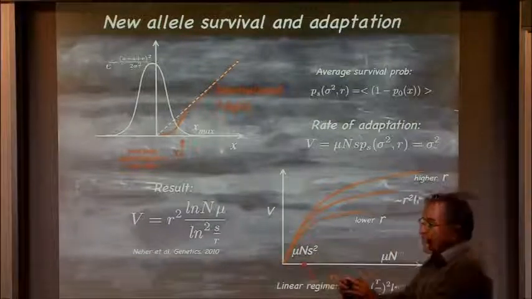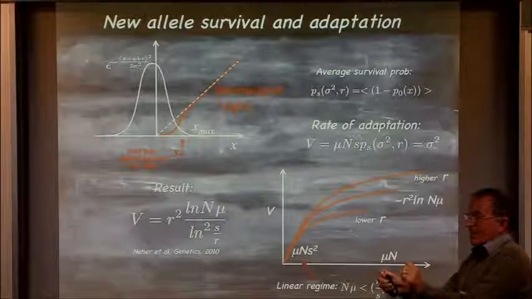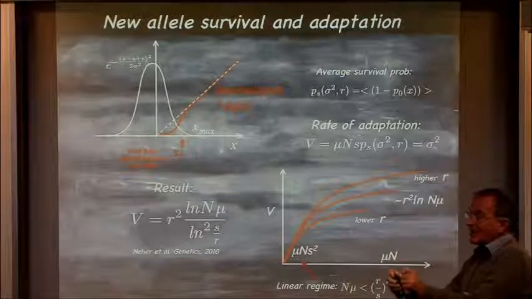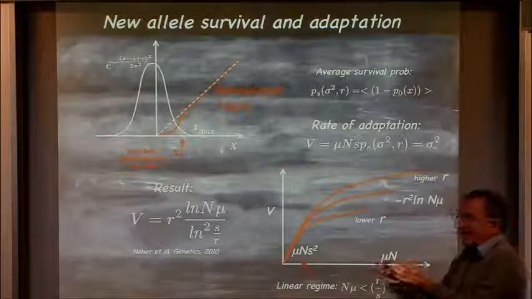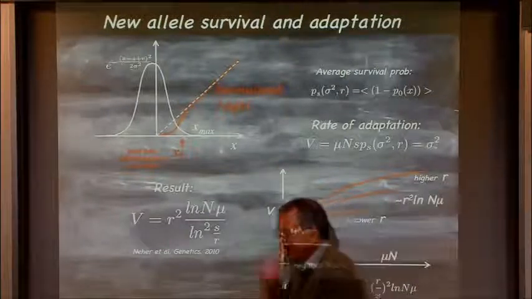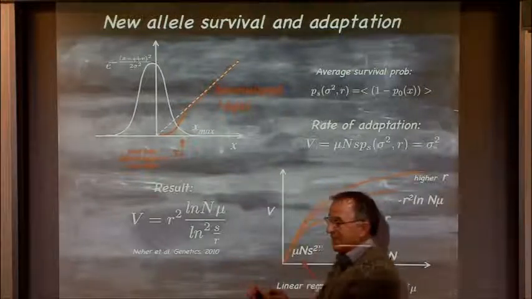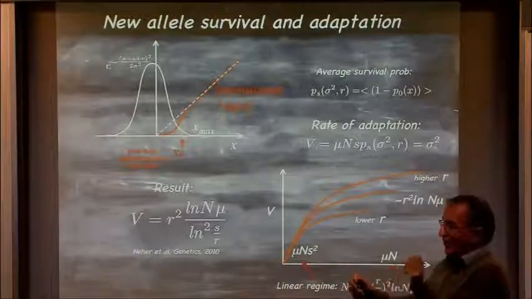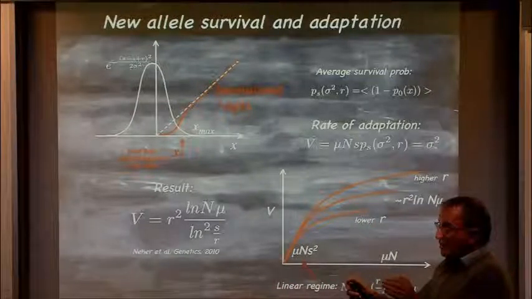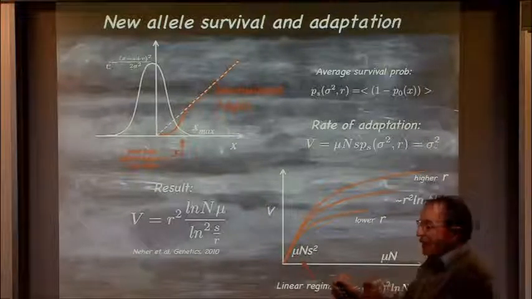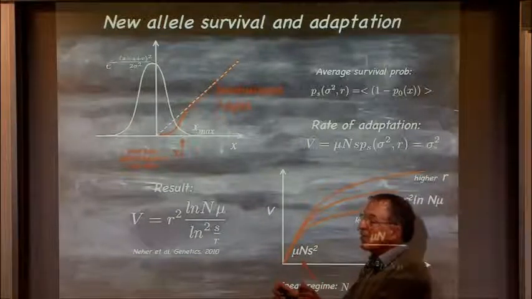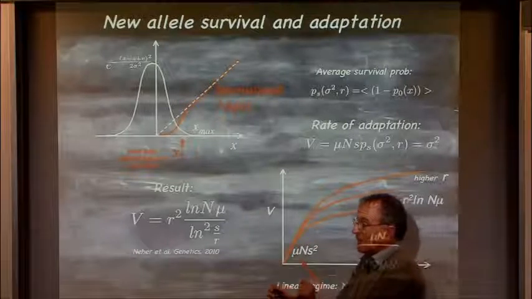Now, suppose you have synergistic genetic interactions, right? So then you'll have a cost of recombination because you'll start breaking them up, right?